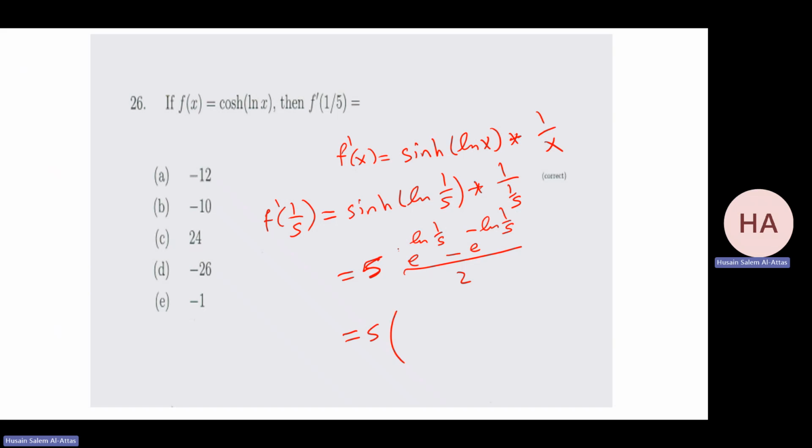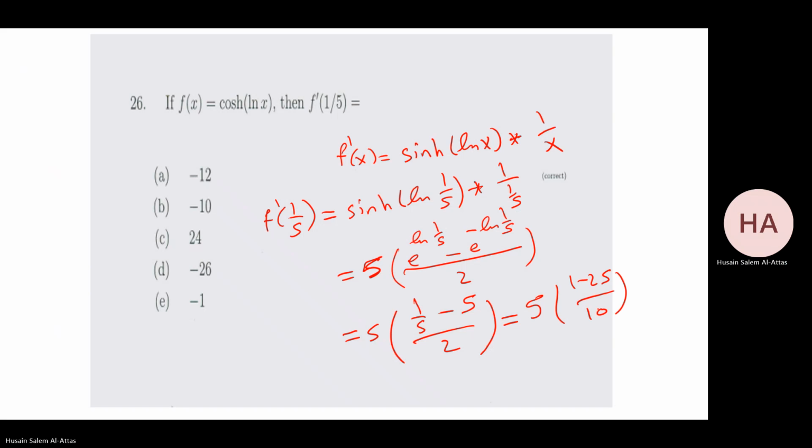That will be 5 times (1 over 5 minus 5) over 2, which is 5 times (1 minus 25) over 10. That will be what? Minus 24 over 2, which is minus 12.